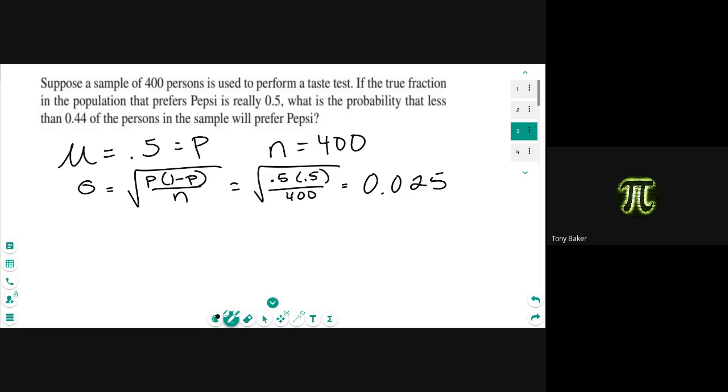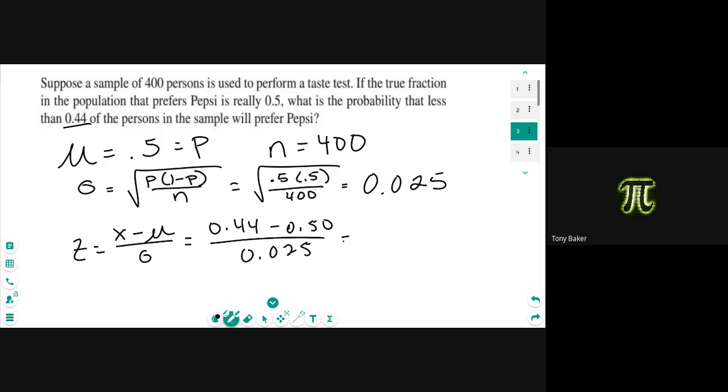We find our z-score, we plug it in, find the percentages. So my z is x minus the mean divided by the standard deviation. x in this case is my 0.44 minus 0.50 over 0.025.